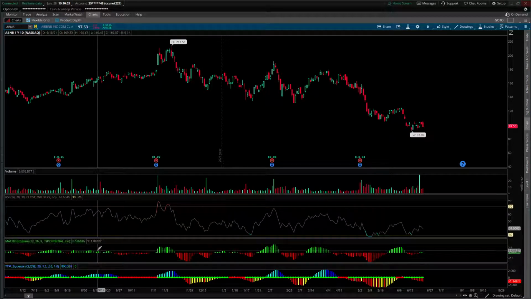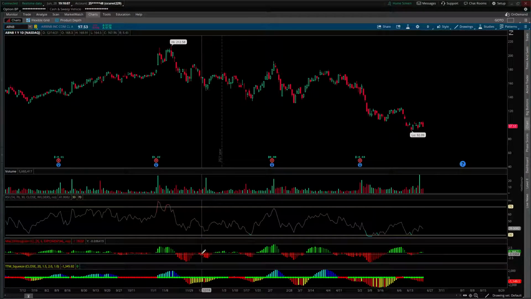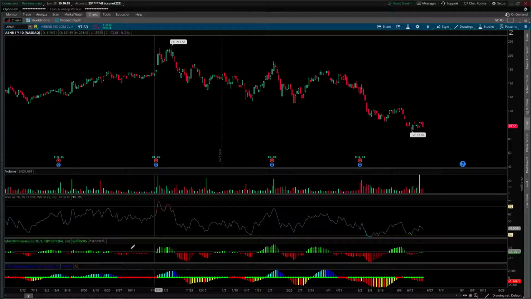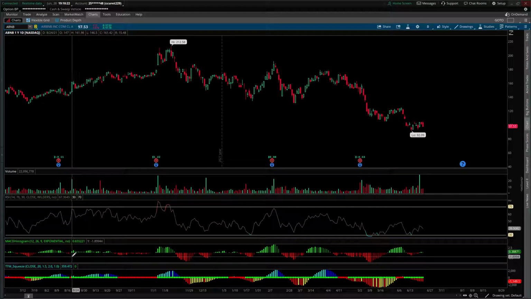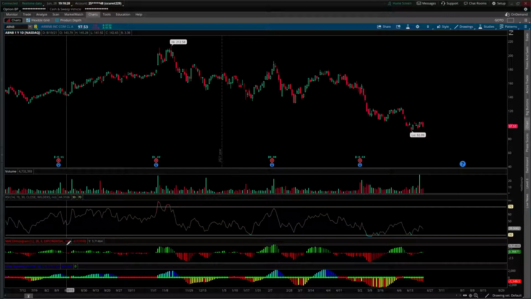The MACD stands for moving average convergence divergence. The middle line here, which you're not really seeing, you can imagine as an imaginary zero line, and that is your mean. It tracks via a histogram the peaks and valleys of the moving average converging to the mean and diverging away from the mean.